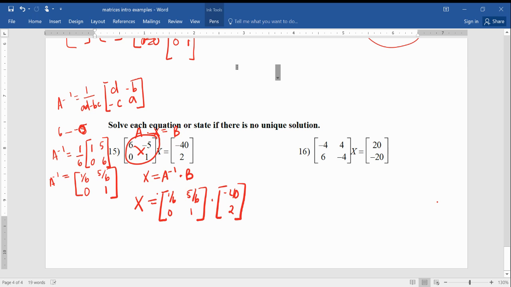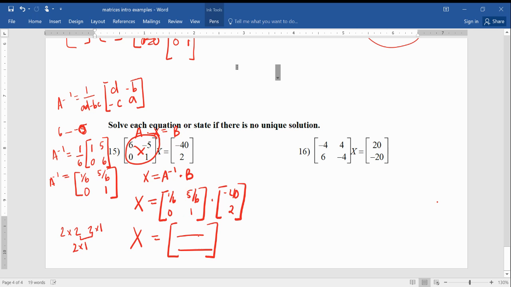So we need to figure out what the dimensions of the answer matrix are going to be. The first one is a 2 by 2. And this is a 2 by 1. These do indeed match, so our answer's dimensions will be a 2 by 1. So 2 rows and 1 column.